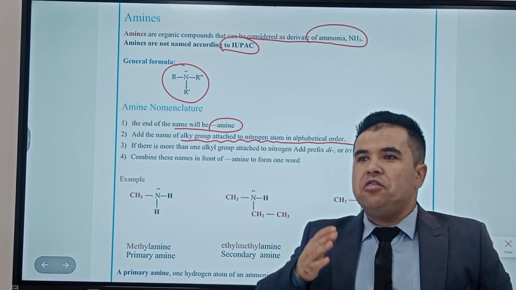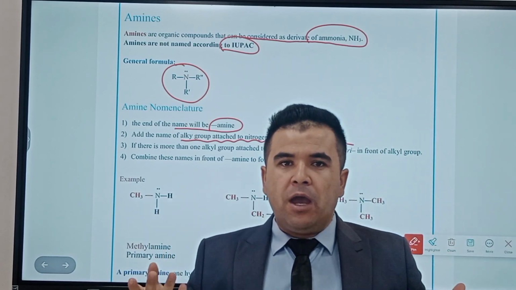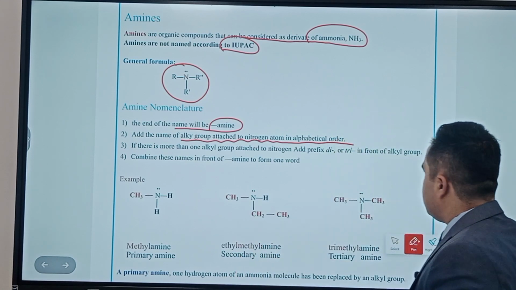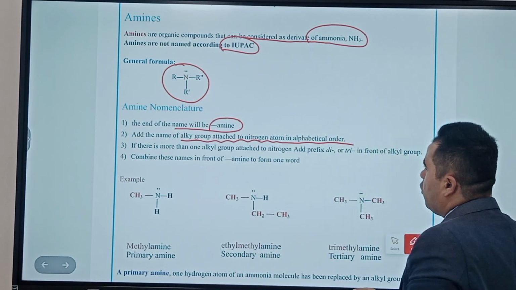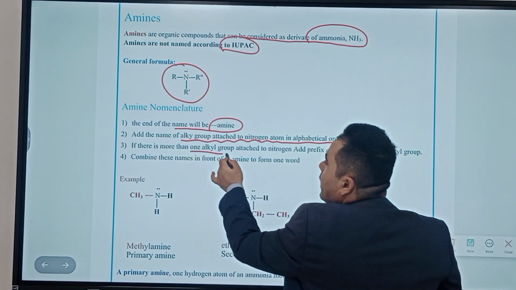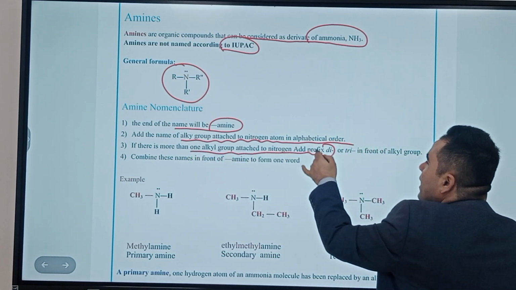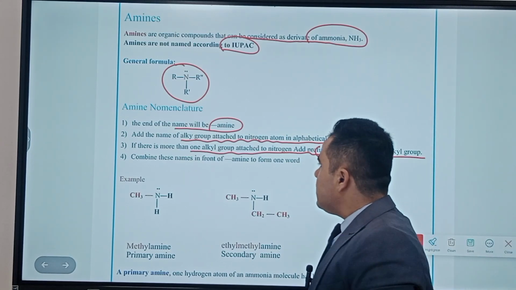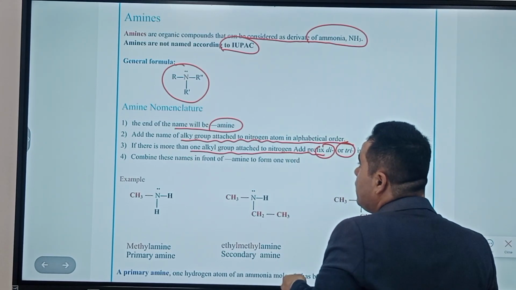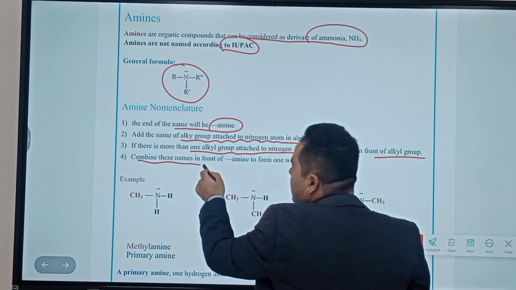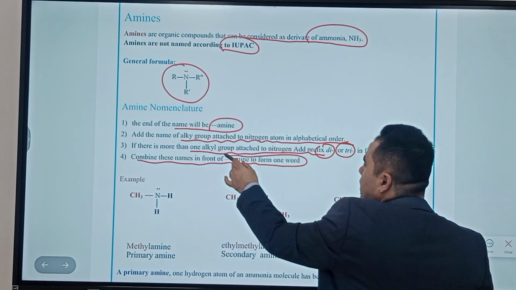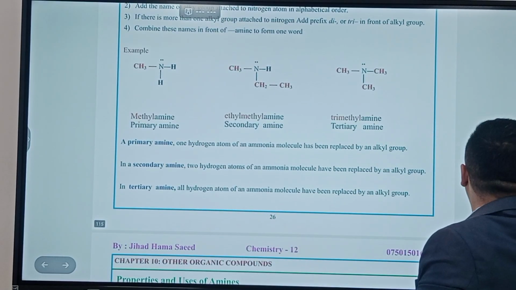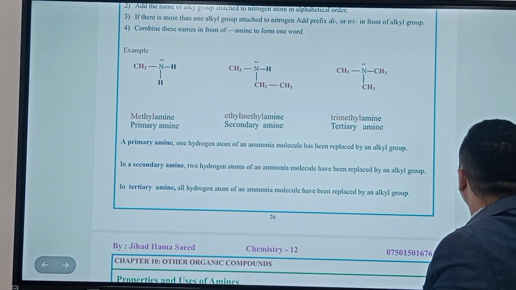For example, ethyl methyl propyl amine, or butyl ethyl methyl amine. That's the name in alphabetical order. If there is more than one alkyl group attached, add di, tri in front of the alkyl group. We learned this. Here, combine the names in front of the amine, and then use amine as the parent, to know it is an amine.